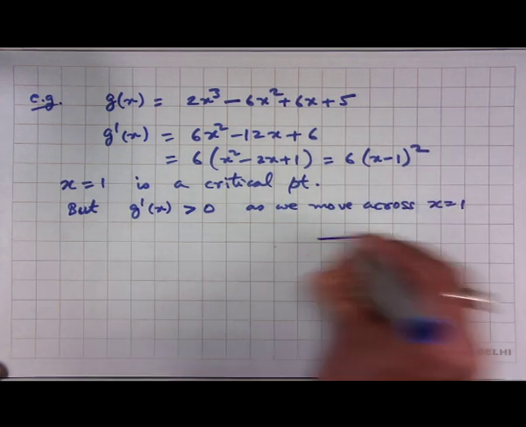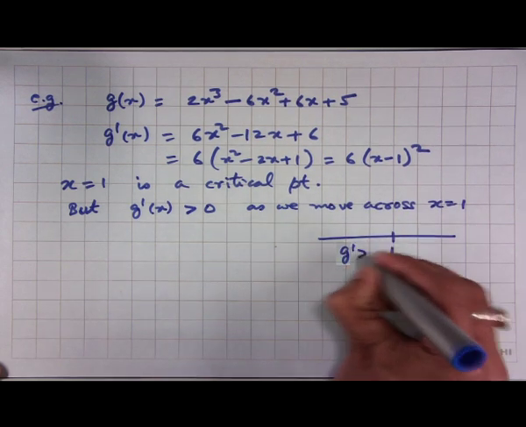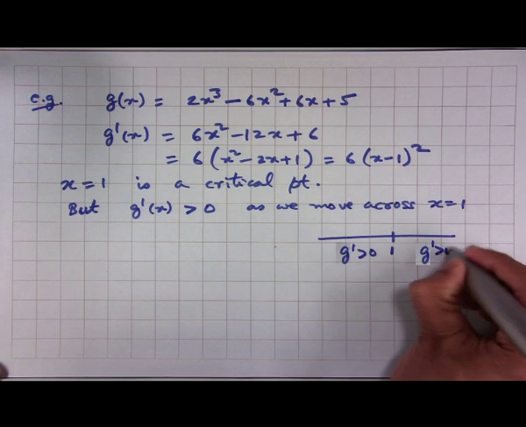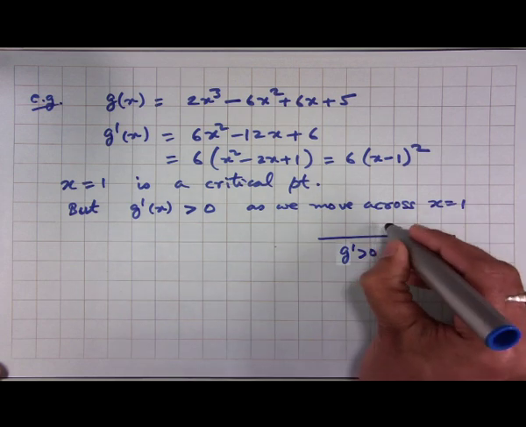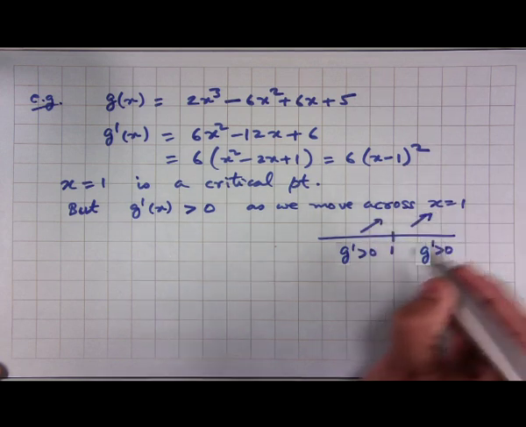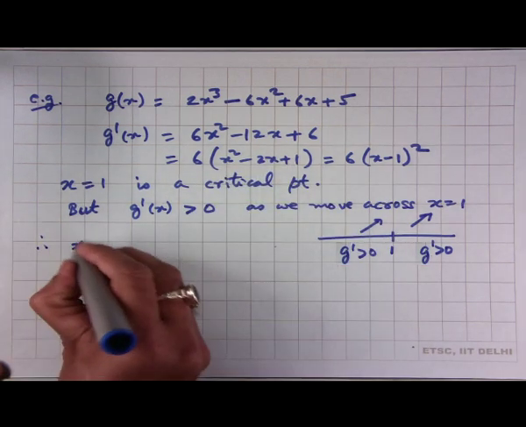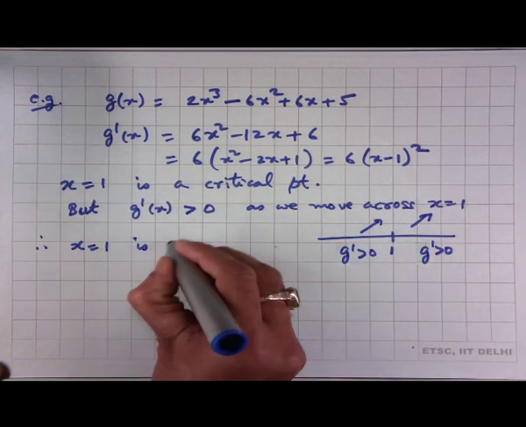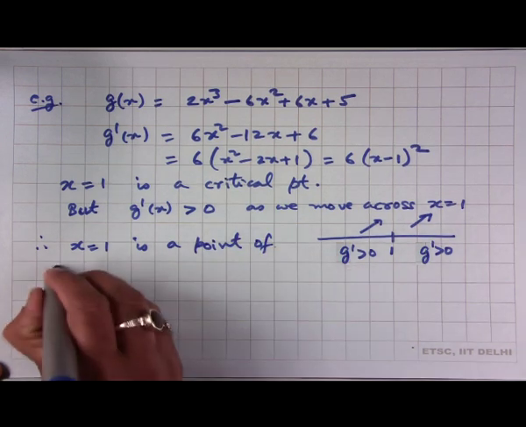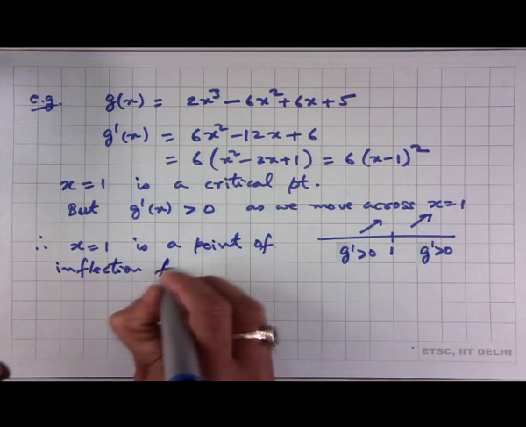So, here 1 is the critical point, g prime is positive to the left of 1 as well as to the right of 1. So, the function is increasing in this interval. So, in this case x equal to 1 is a point of inflection for g of x.